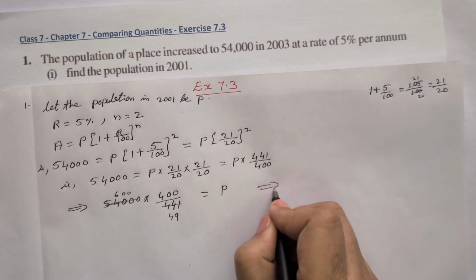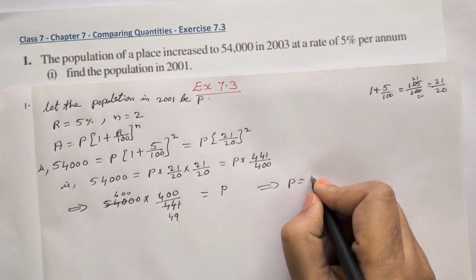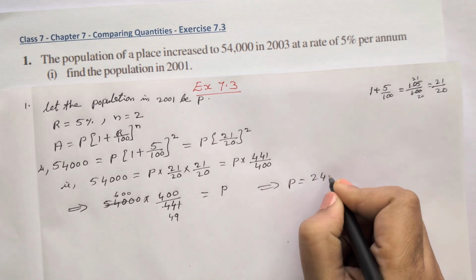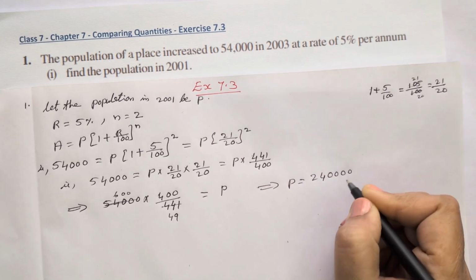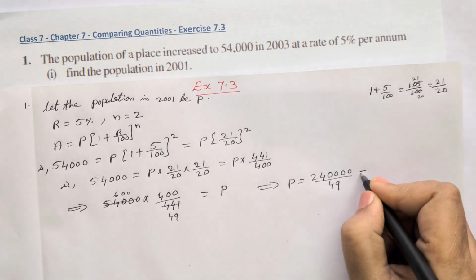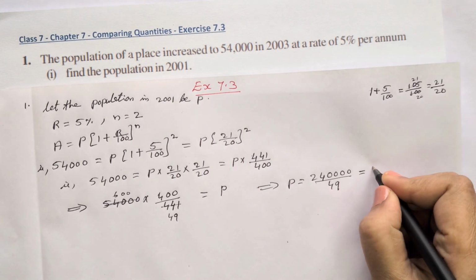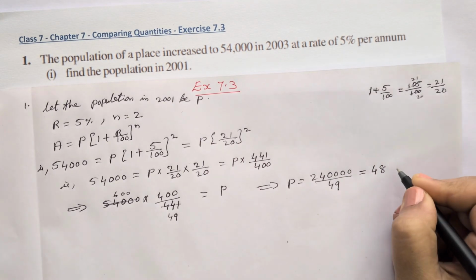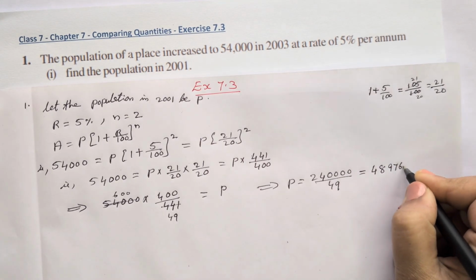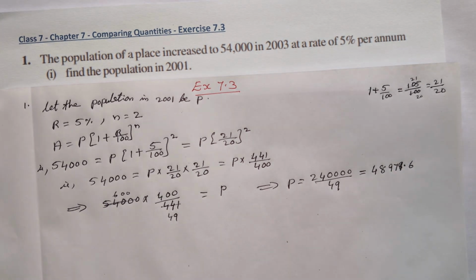Then which implies P is equal to 600 into 4, 6 into 24 and 4 zeros, that divided by 49, which is equal to 48,979.6.